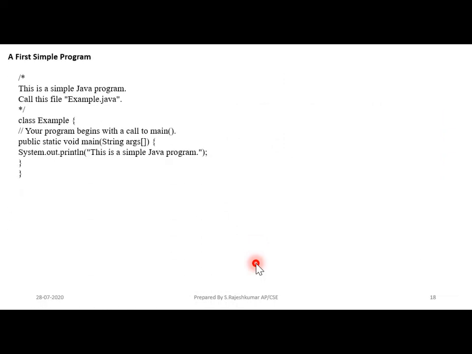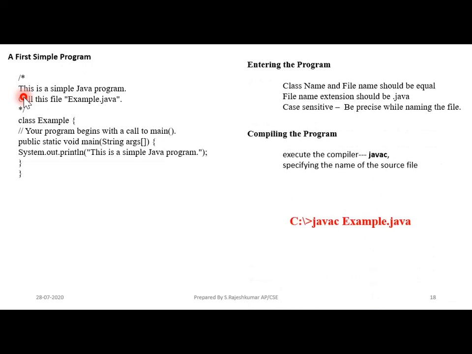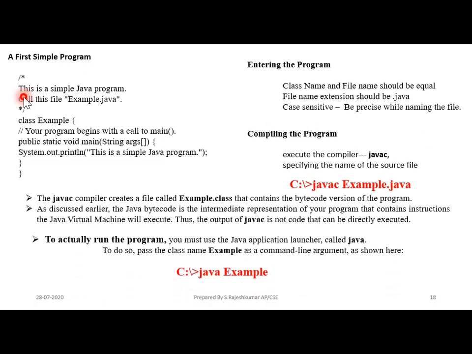Okay, and another important thing we must know is how a program is written in Java. Look here, the procedure for writing our first program: you have to open a notepad and type your first program. Your program name should be equal to your class name.